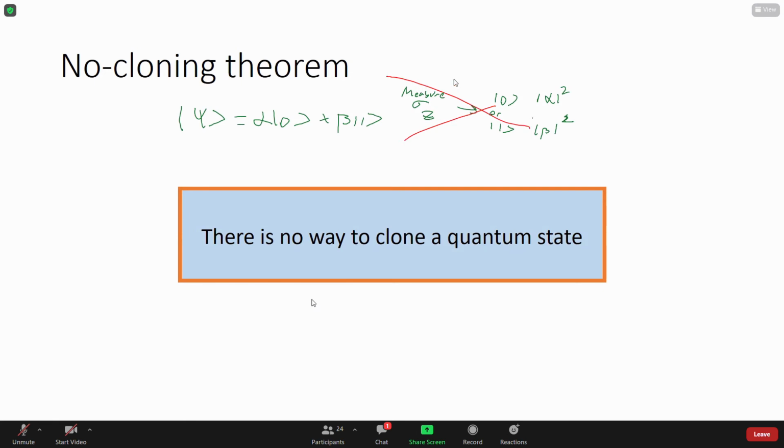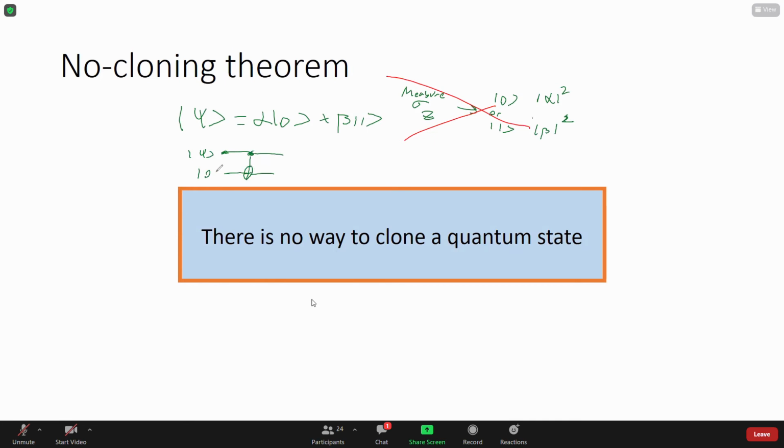But then you're like, oh, but we just learned about the CNOT, right? So maybe we could do something like this, where you would have psi in one qubit, and have the other qubit in 0. Then we can do a CNOT here, right?